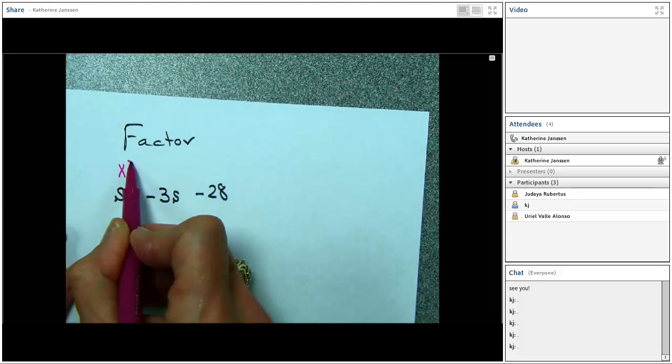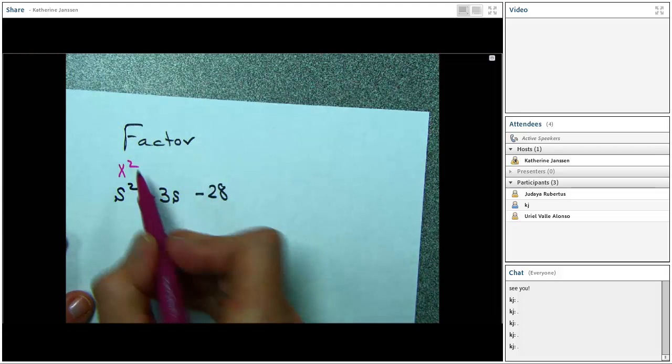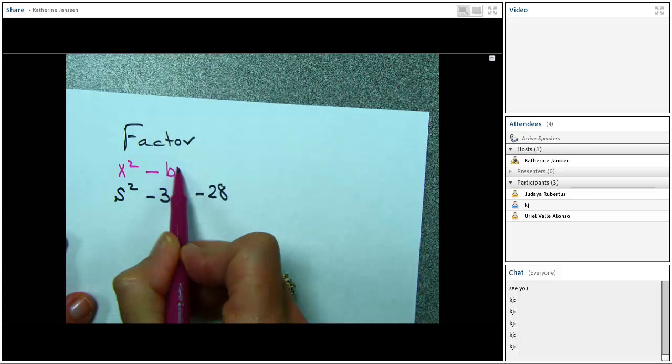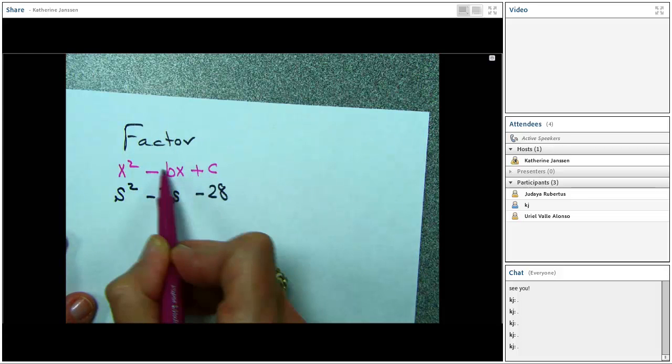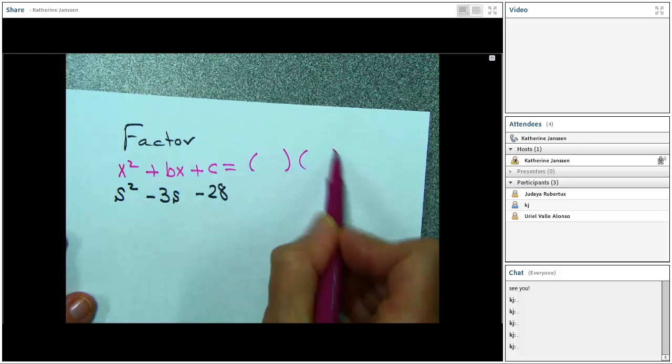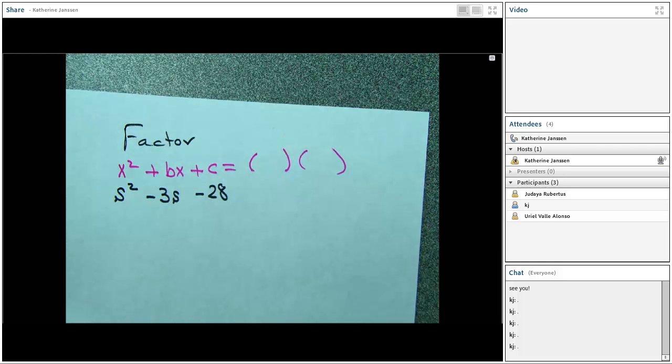And I see that my leading term is to the second degree, x squared minus something times x to the first degree plus my constant. And I'd expect I can factor it as a product of two binomials, although I recognize that there are some trinomials of this form pattern that are not factorable, like the previous example.